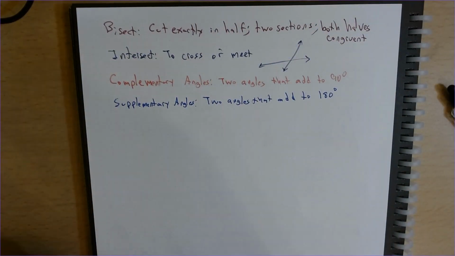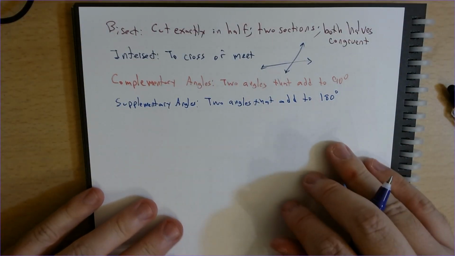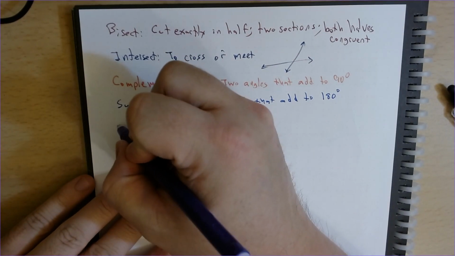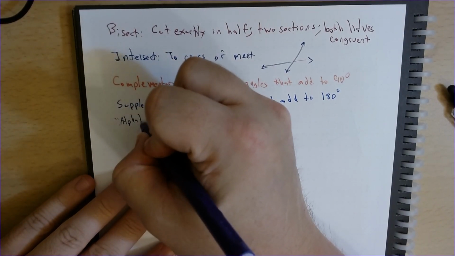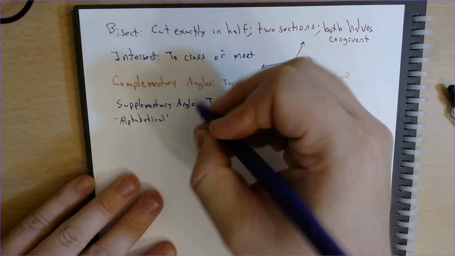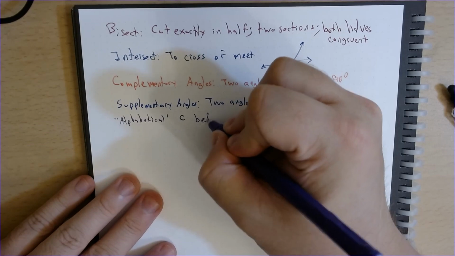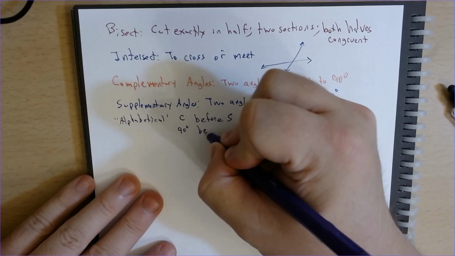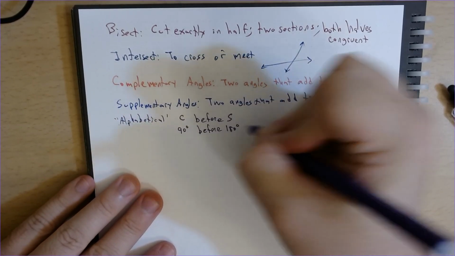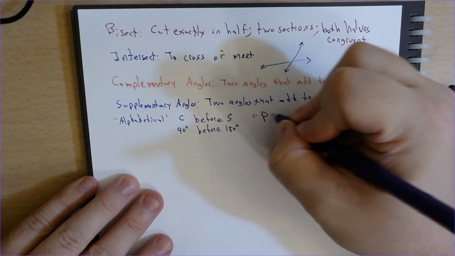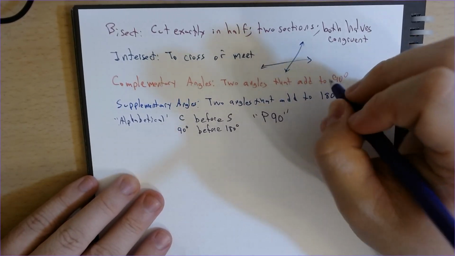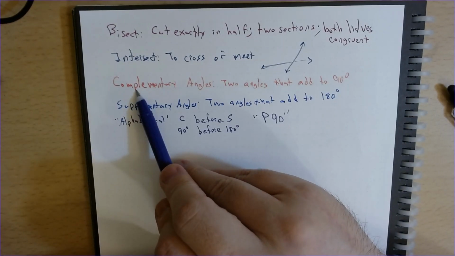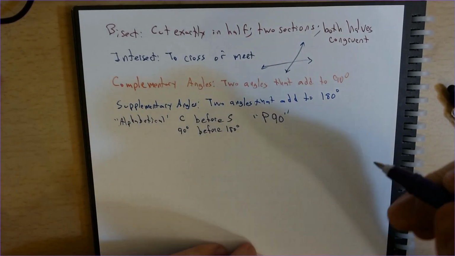And so a couple ways that I've remembered it throughout the years is it's alphabetical. C before S, 90 before 180 degrees. The other way of remembering it is a P90, which is a gun, or there's also P90X, which is an exercise program. Basically, complementary has one P, so it's 90. Supplementary has two P's, so it's 180.